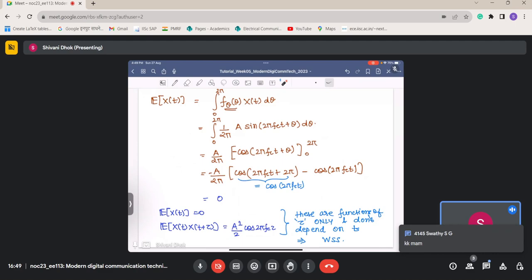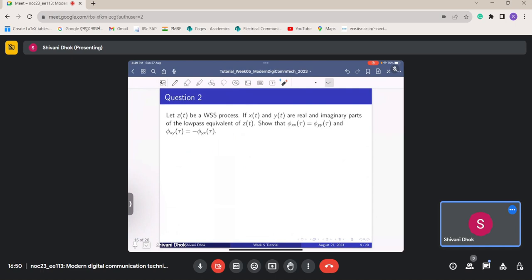It's not this x(t). This autocorrelation function is the expectation of x(t) into x(t plus tau). This x(t) will depend on time. It is a time dependent function.